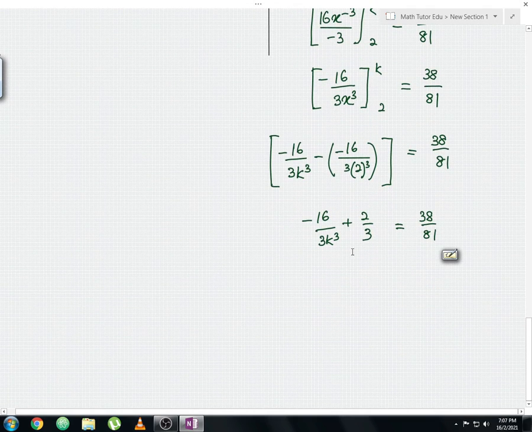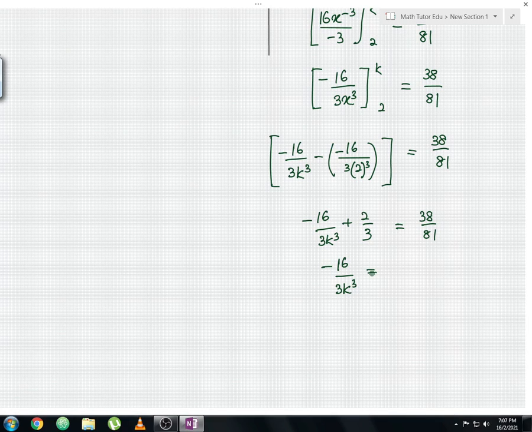So this 2 over 3 from the left-hand side, you can move it over to the right-hand side. You calculate this, and from here you get negative 16 over 3k cubed will be equal to negative 16 over 81. So the negative 16 and negative 16, you can cancel them out, so you are only left with 3k cubed is equal to 81.